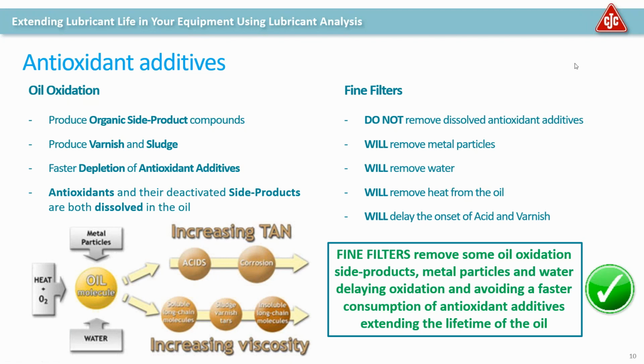No, I completely agree. And that's a question we get pretty routinely too. You know, and that's why we run tests such as RULER or RPVOT to try to make sure that we're monitoring those as well. And you'll see those on the initial test package recommendation chart for that reason.